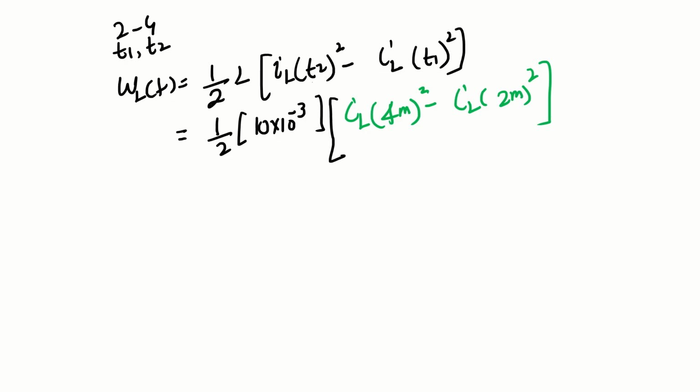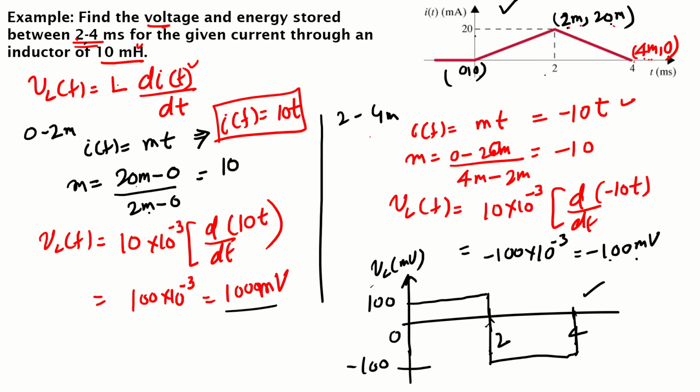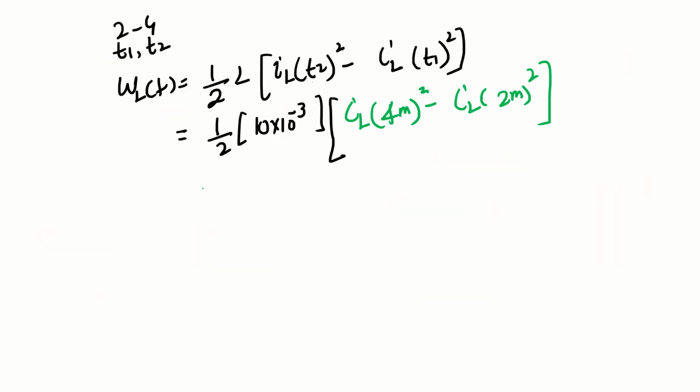Let's come back to the main question. We need to find the current at 4 milli. This is the current waveform. At 4 millisecond, what is the current? 0. At 2 millisecond, the current is 20 milliampere. Let's plug in the numbers. 10 divided by 2 simplifies to 5, times 10 to the minus 3.